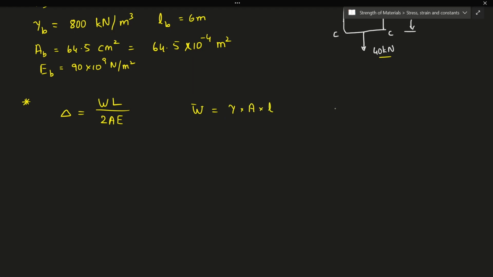So the gamma will be given in terms of Newton per meter cube. Right, so using all of these formulas, let us calculate the various elements. So now, firstly, the extension due to self weight. Okay, for this, first I'll be considering delta.